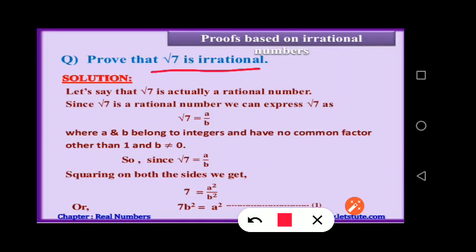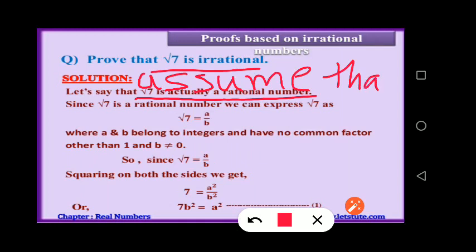So we will assume that root 7 is a rational number. It is just an assumption. Assume that root 7 is a rational number.